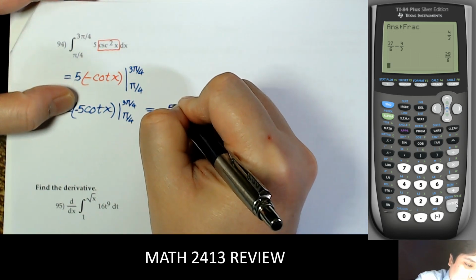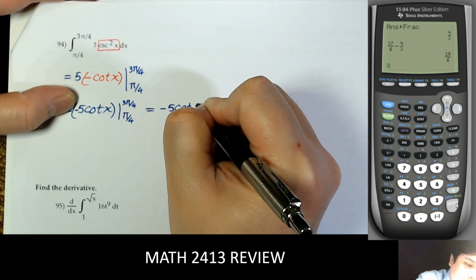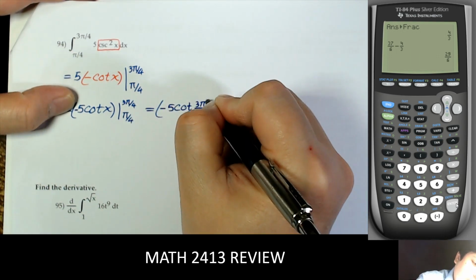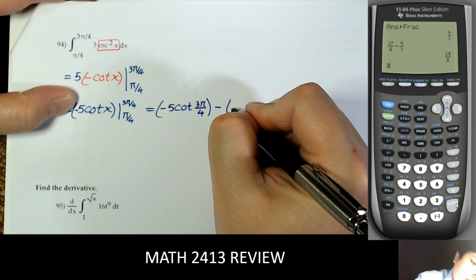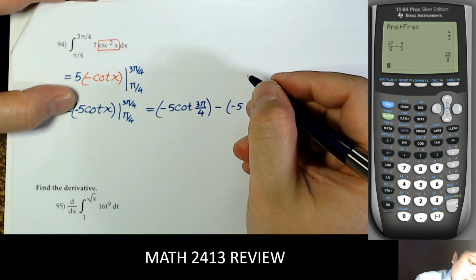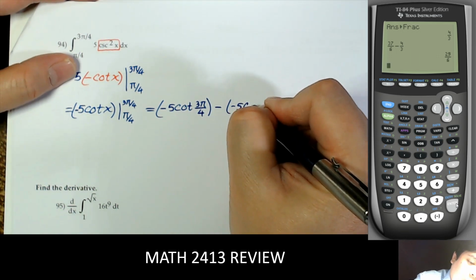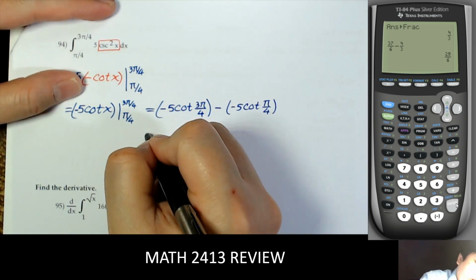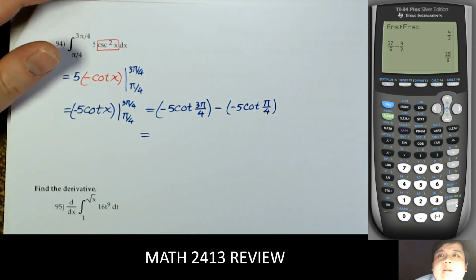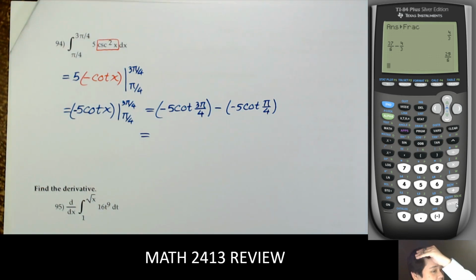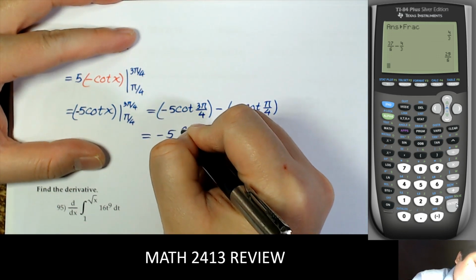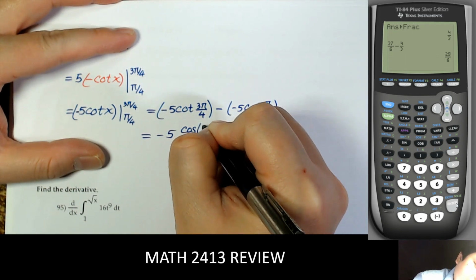So negative 5 cotangent of 3 pi over 4, minus negative 5 cotangent of pi over 4. For the cotangent values, we use the reciprocal of tangent, or we just say 5 cosine over sine.